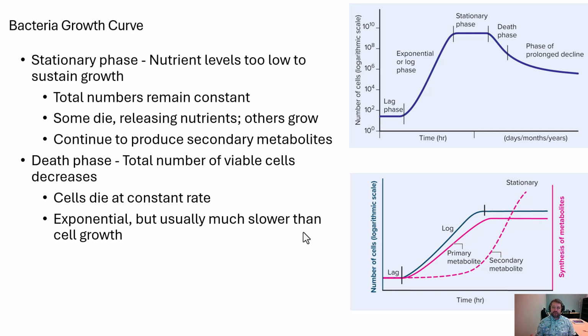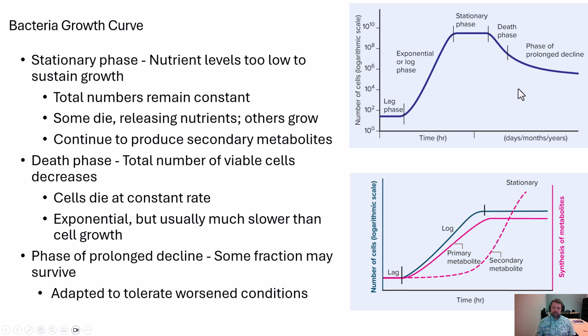Then you get this kill-off phase, or death phase, where lots of cells start dying at a constant rate. Because of that death, you see a huge die-off, but the remaining nutrients, the little bit that's left, are no longer being consumed. That's somewhat important because once they come out of the death phase, they go into a prolonged decline, but it's not drastic for a lot of species.